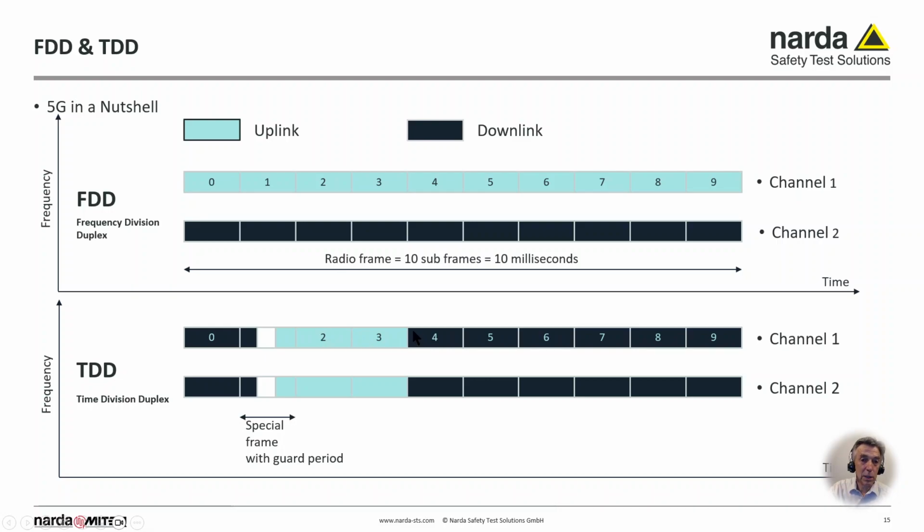So here you can see for the uplink, we have around 5 time slots which are reserved for the uplink, but for the downlink we can now use around 15 different time slots.